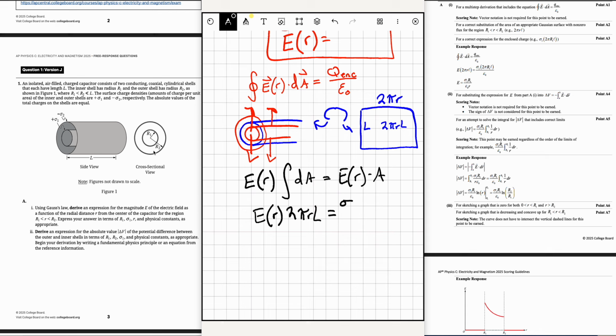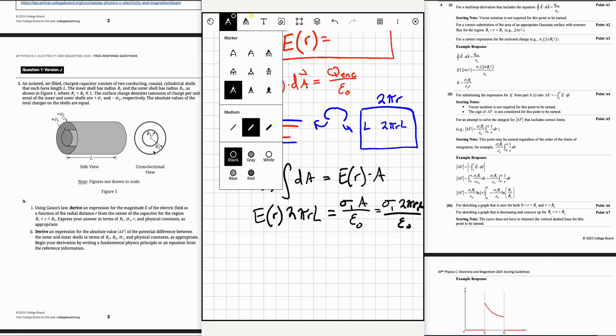It's equal to the surface charge density of that inner cylindrical shell times the area of that inner cylindrical shell, over epsilon naught. What's the area of the inner cylindrical shell? Well, that would be 2πr1L over epsilon naught. Same idea, but now we're using an r1 because it's an actual radius, so it's fixed.